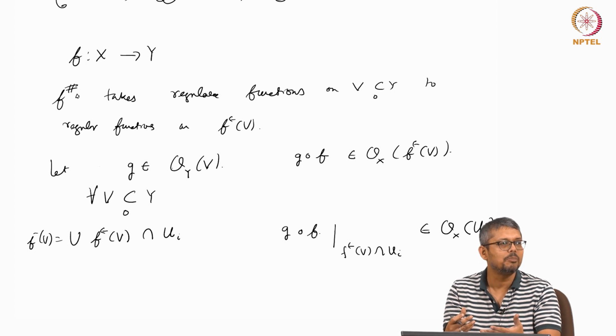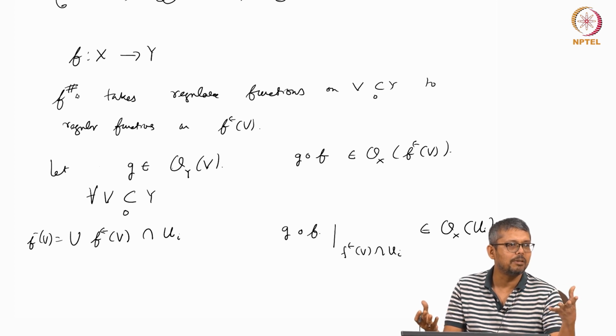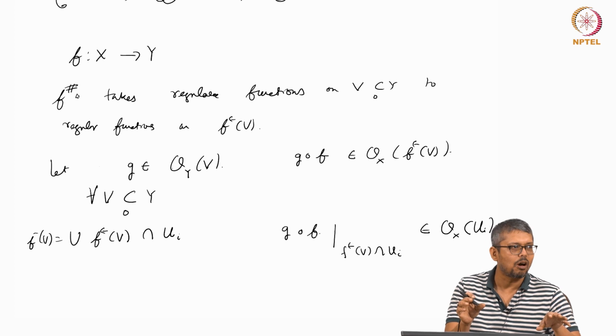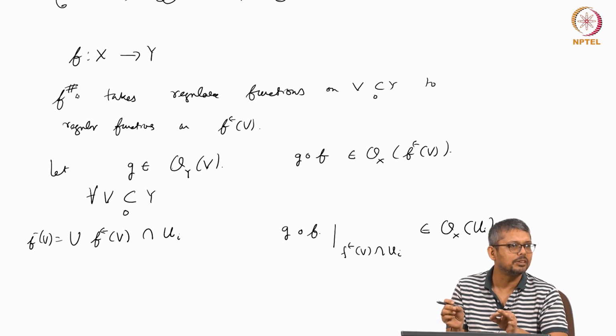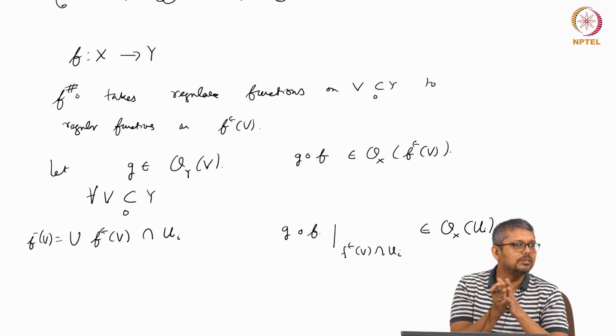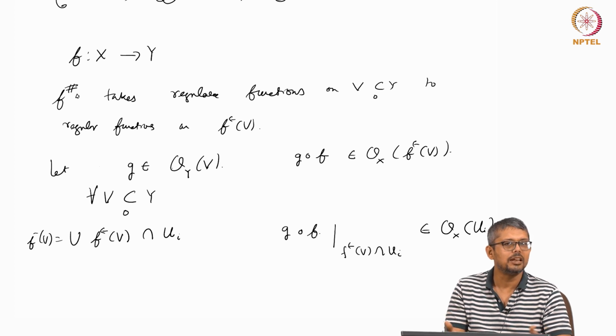So that will say that g composition F is regular, right? That's how you define it for any variety. You define a regular function as follows: if you have a cover, for every point the restriction is a regular function, and they glue. Because it's coming from the function g∘F, that will say that this is regular.